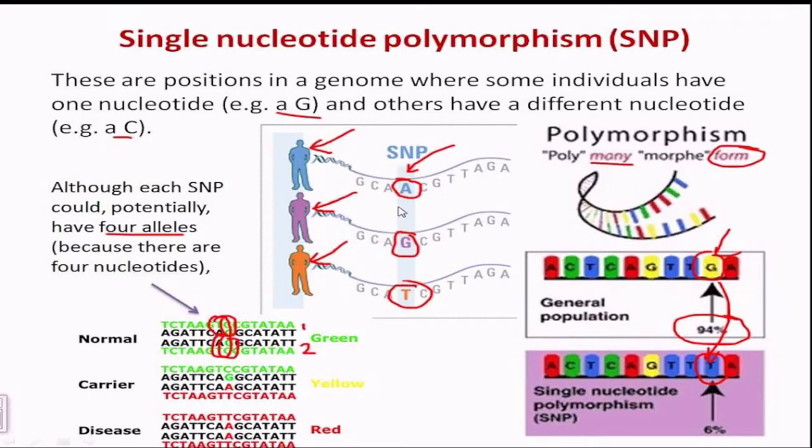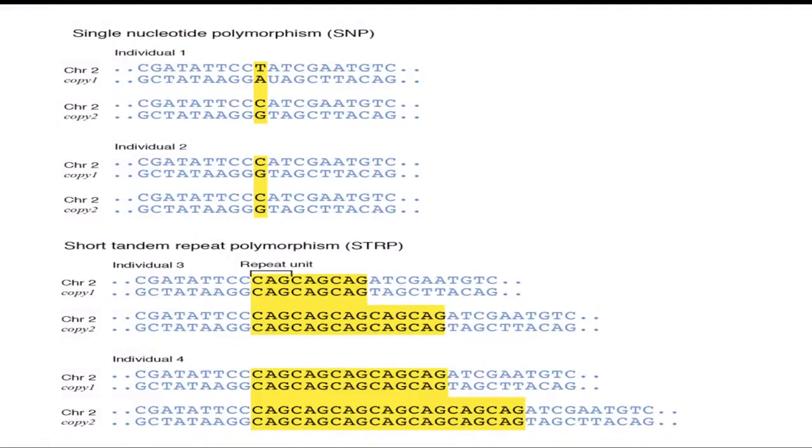So we have 4 variants of this type of polymorphism. This is single nucleotide polymorphism, and here you see the short tandem repeat polymorphism.